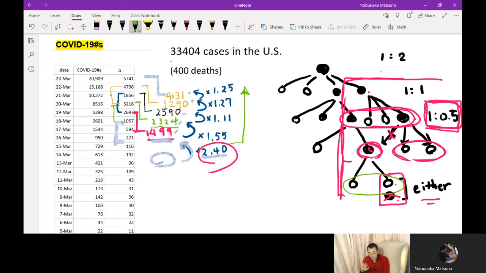So yes, the number looks scary. Yes, right now, as of today, we have about 30,000 cases, and it will probably continue going up. But if you can actually slow down the cases, that would be good, because the hospital healthcare system wouldn't be saturated, and they can actually focus on people who are in need of intensive care.